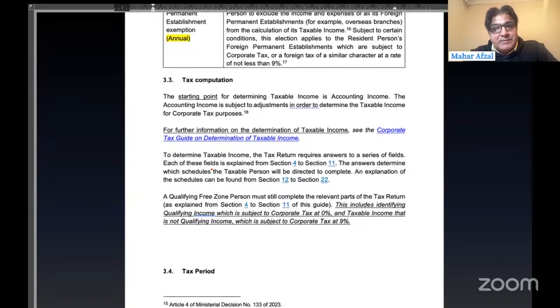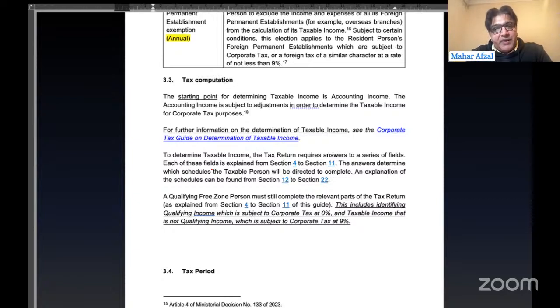Tax computation, starting point: we need to start from the indirect method. We need to start with the accounting income, then make the adjustments. The reason is that the requirements of the law are different from the requirements of the accounting standards. We have discussed this so many times.